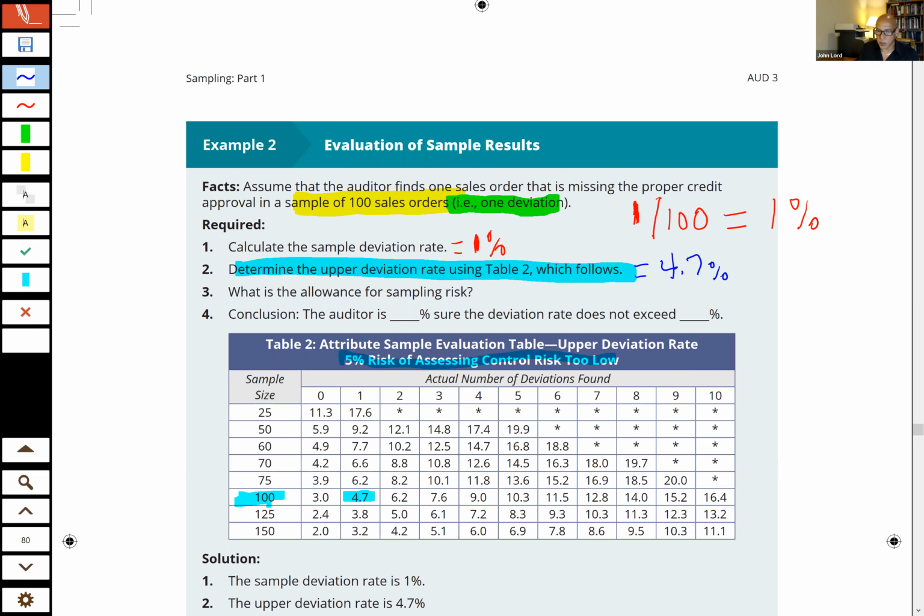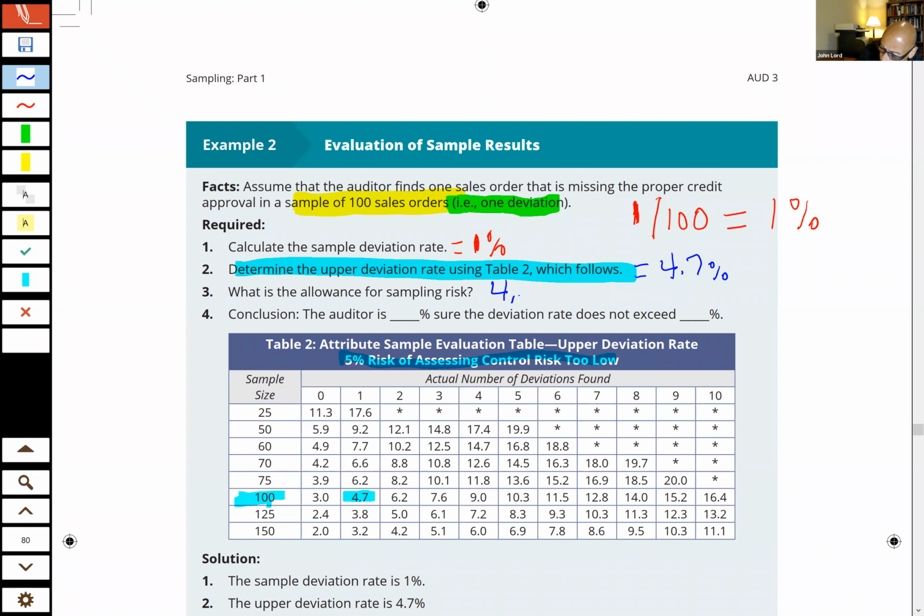As auditors, we don't care if it goes lower. We want to know how high it can be, because if it goes too high, we're not going to be able to rely on that control. So they only look at the upper end of precision here, and they're telling you that it could go as high as 4.7%.